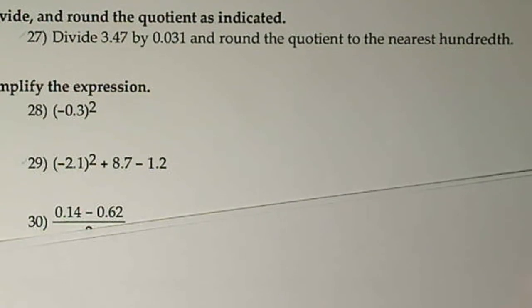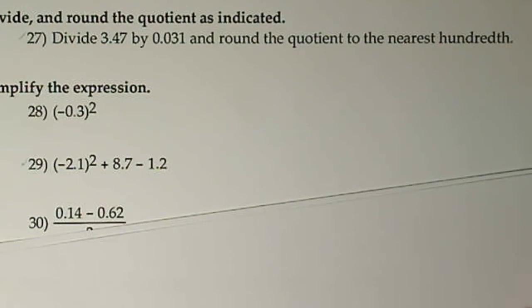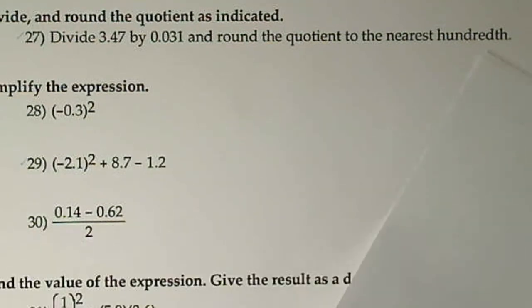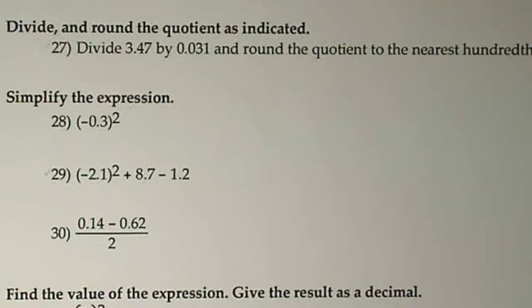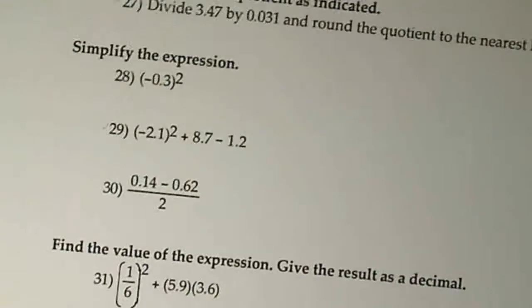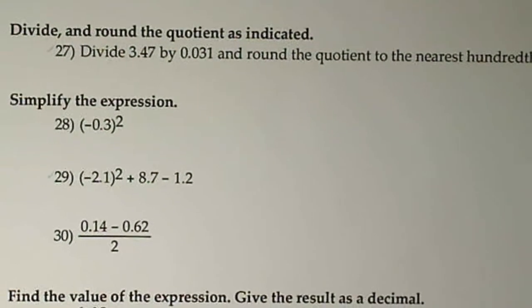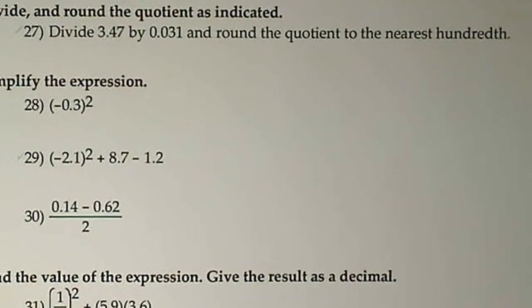Divide 3 47/100ths by 31 thousandths and round the quotient to the nearest hundredth. Okay, that rounding sometimes comes in handy if the decimal just keeps going forever. It lets you stop.